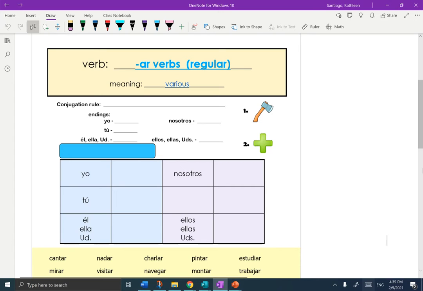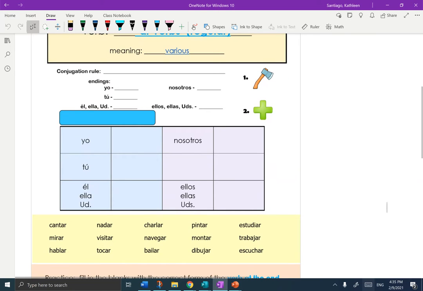Okay, so AR verbs, we're doing a whole set of verbs. There's a whole bunch of them. I've listed a few, 15 of them here below your chart.